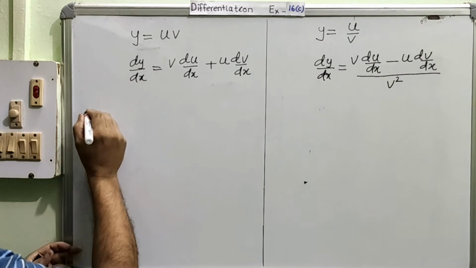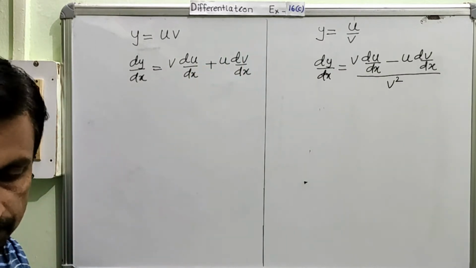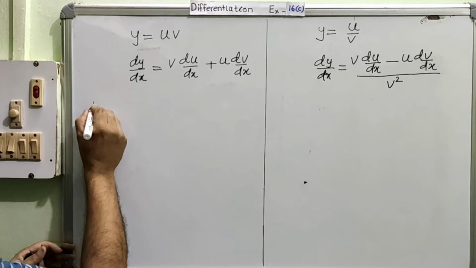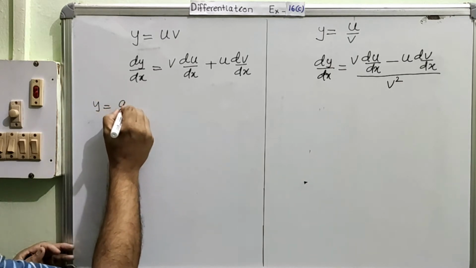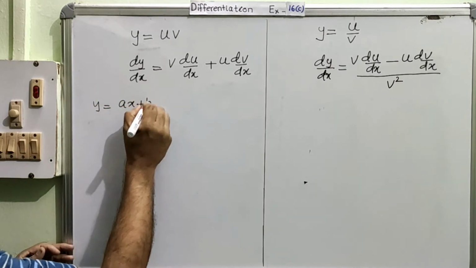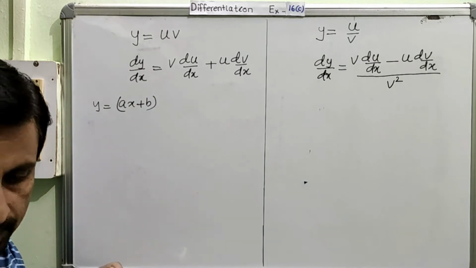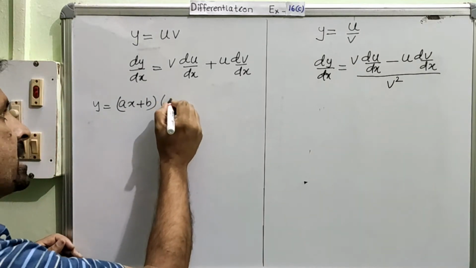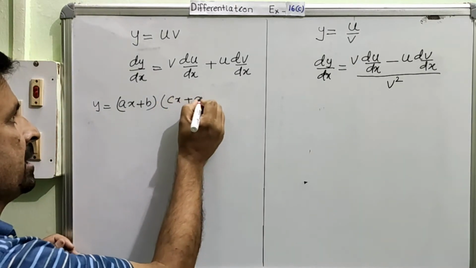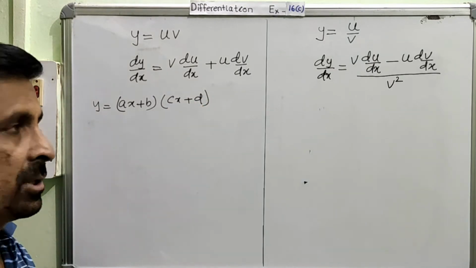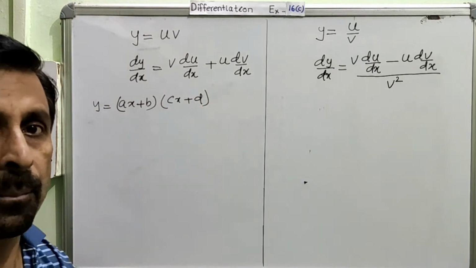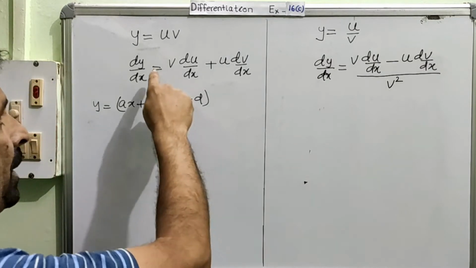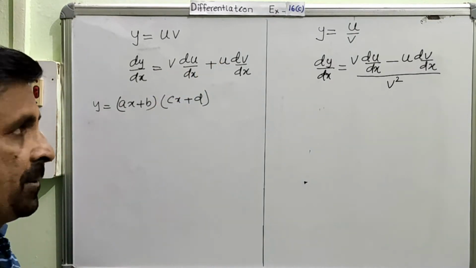So, one question of this product form. The first question of exercise 16C: your function is y equals ax plus b, and then another function is cx plus d. So this is a function given in the product form. So we will apply this rule and try to differentiate.